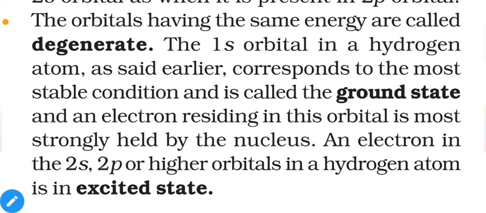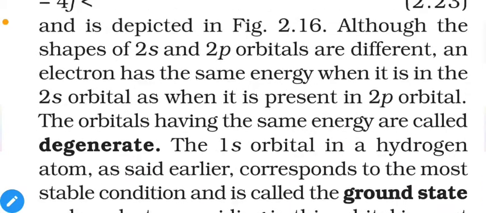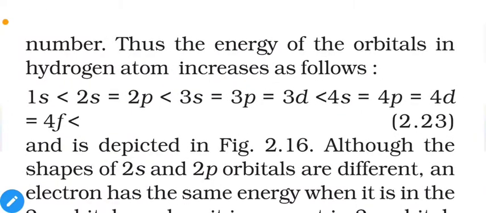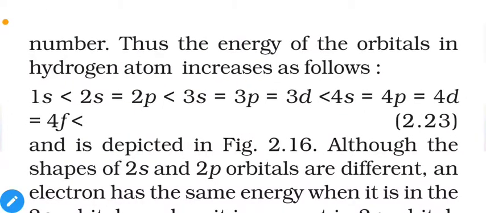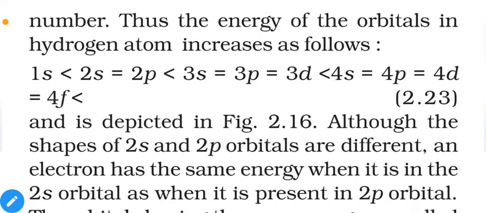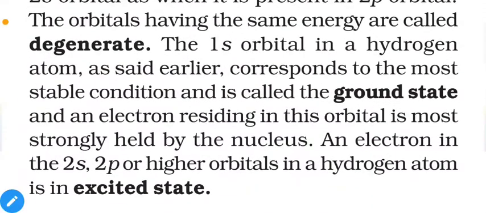In it we have one s orbital, 3 p orbitals and 5 d orbitals, that means we have 9 of them. These 9 orbitals have the same energy, and that's why all of these 9 are called degenerate orbitals. As you can see in this figure, 3s, 3p and 3d all have the same energy, so they are called degenerate. But this is true for hydrogen only.